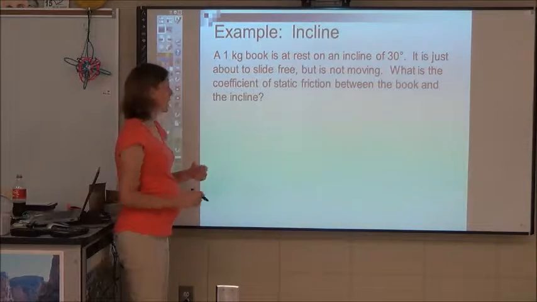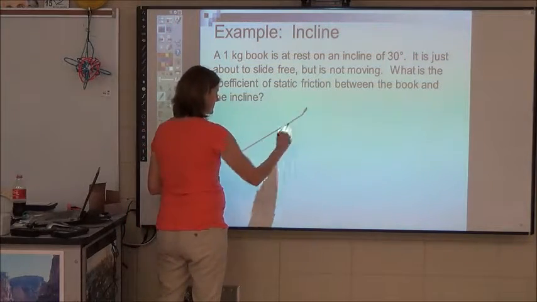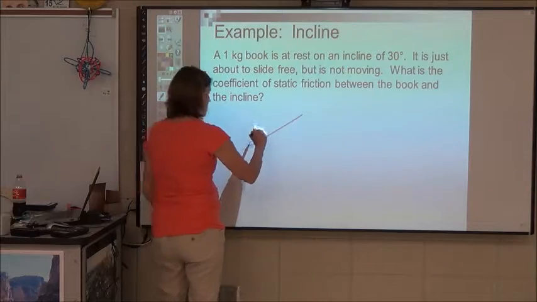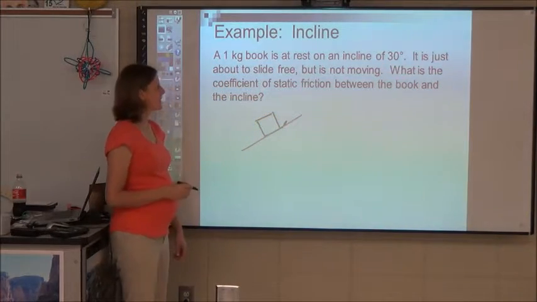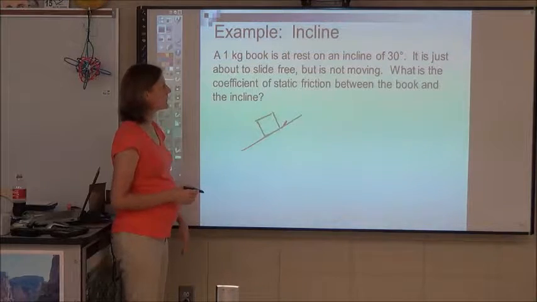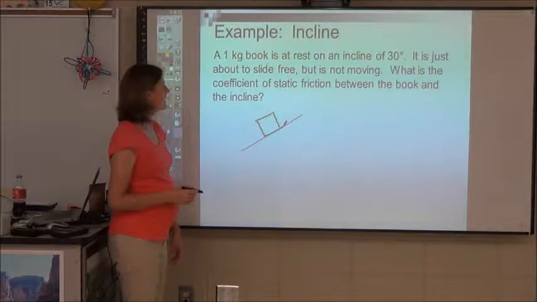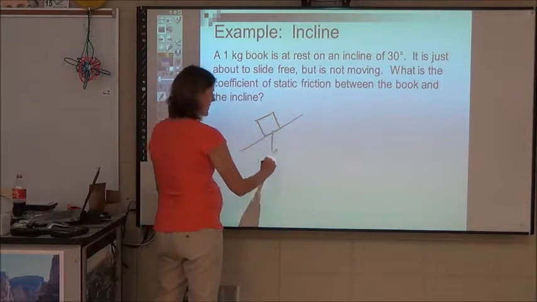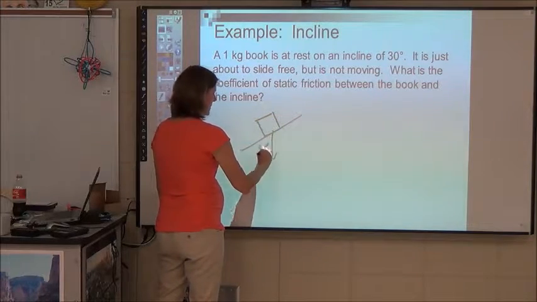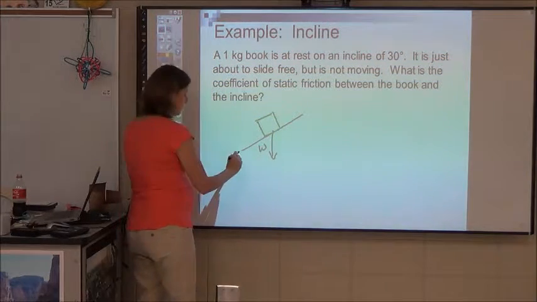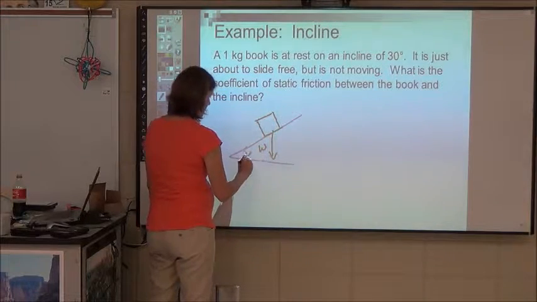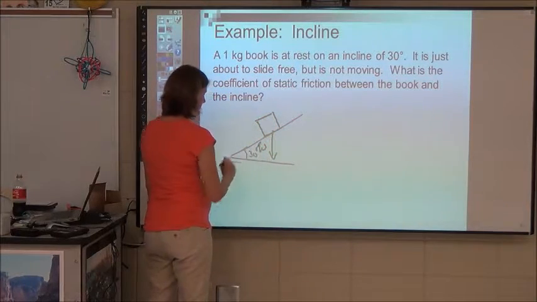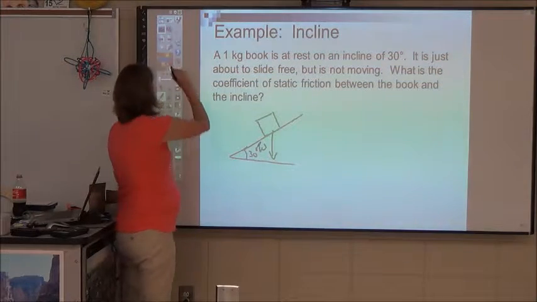Let's start with a little sketch. Okay, there's my box on my incline, or my book, I guess. I've got weight, of course, coming down. Throw my little angle there.